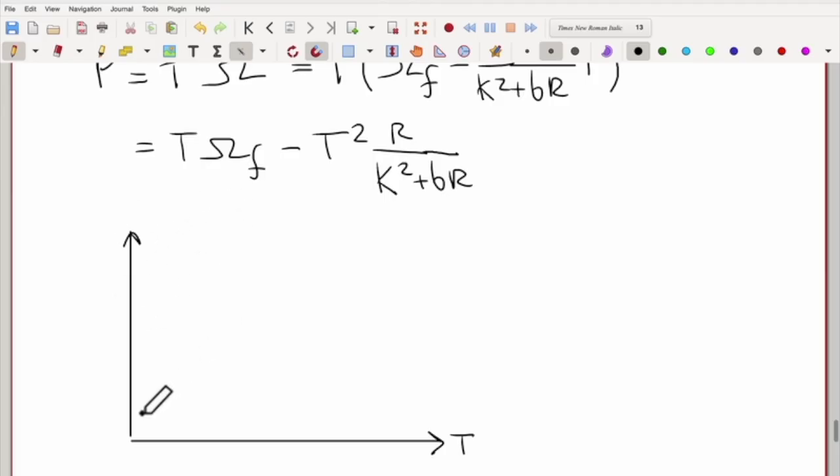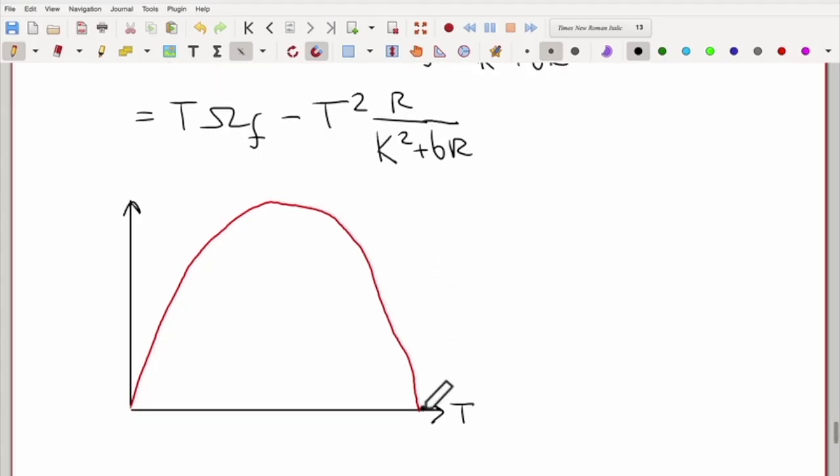The power, I'm going to draw in red. This equation looks something like this, goes up, and then loops back down. It goes down to 0 at this Ts, the stall torque, and it has a peak somewhere over here.